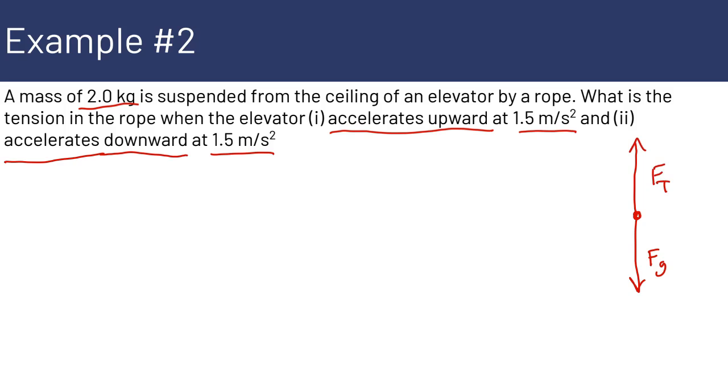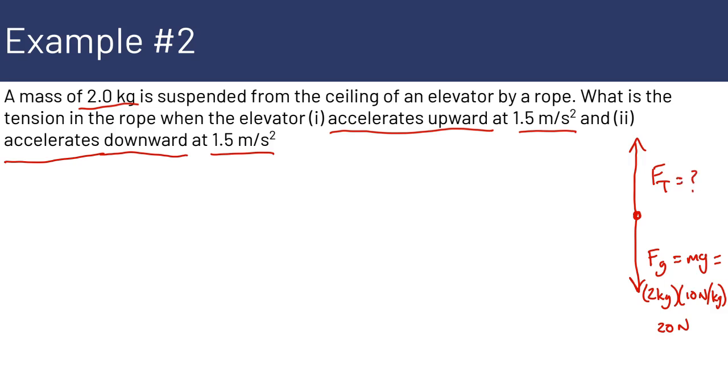All right, so our Fg is going to be m times g, so that is equal to 2 kilograms times, now we can write g in different ways, so we can write it as 10 newtons per kilogram. So when you multiply this out, the kilograms divide out, and we're left with 20 newtons. And so our tension force is unknown at this point.